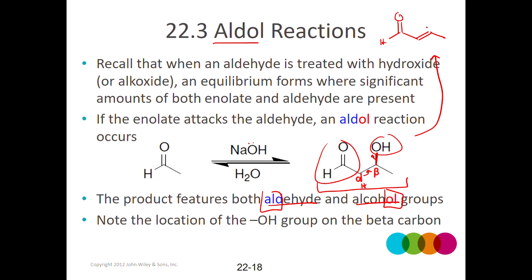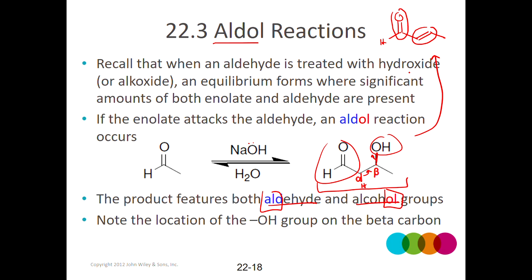If you see a CC double bond in conjugation with the CO double bond, that also is a possible indication that this reaction went through an aldol and then underwent a subsequent elimination reaction. So if we're setting up syntheses, these are some of the patterns that give us a clue that an aldol reaction is going to occur.